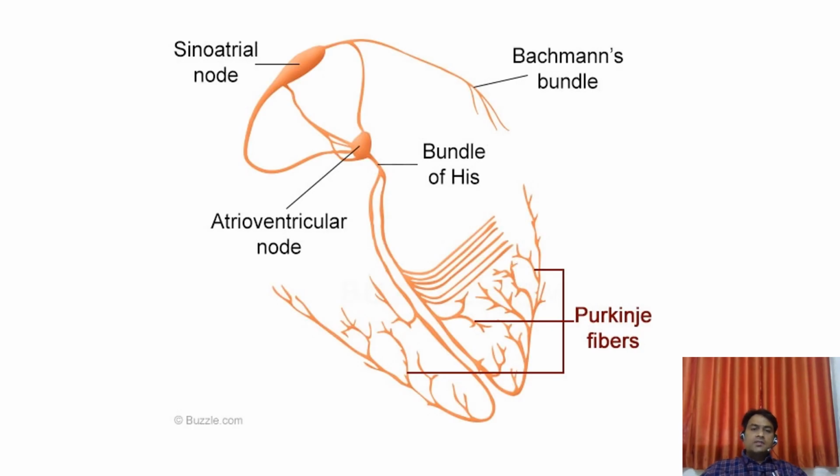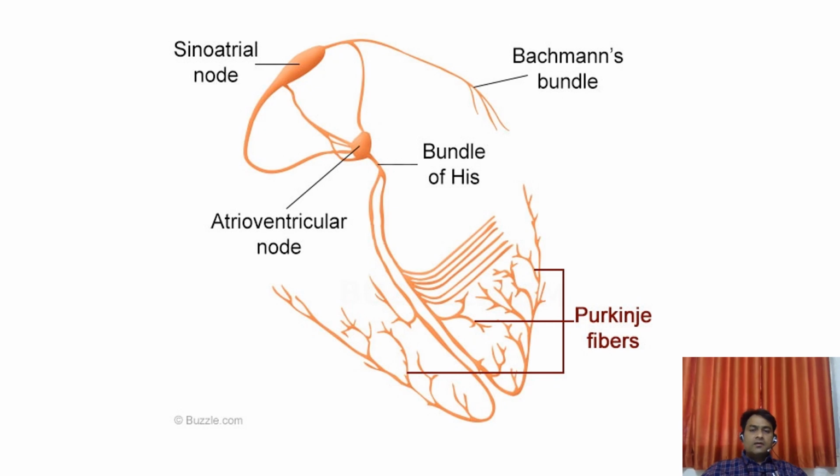If you see the conducting system of the heart, it consists of the SA node, AV node, bundle branches, right and left bundle branches, and Purkinje fibers. The impulse originates from the SA node. The impulse travels from the SA node to the right atria, left atria, and to the AV node via the internodal pathways: the anterior, middle, and posterior internodal pathways.